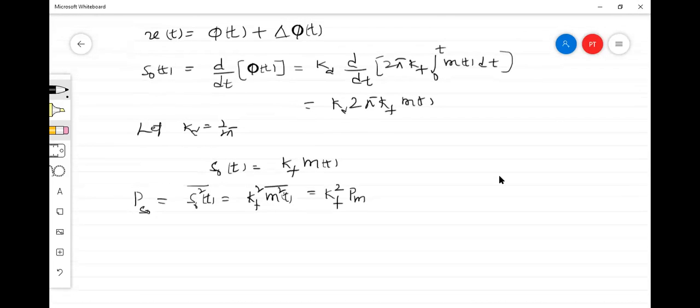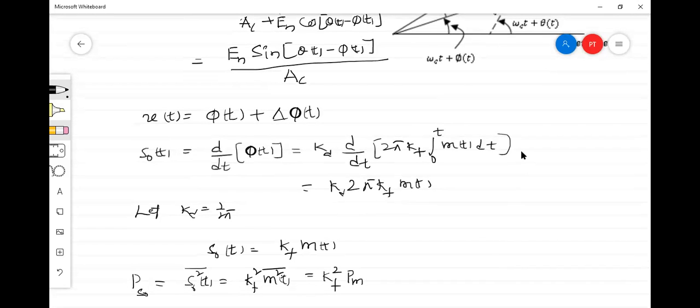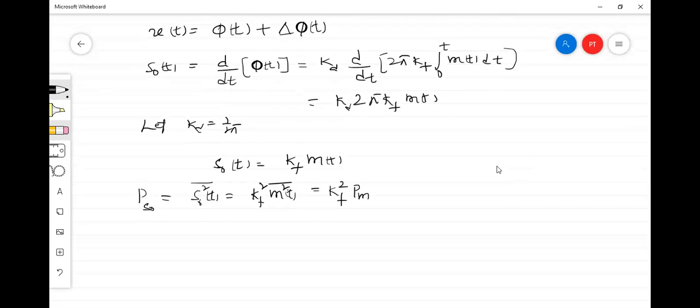So for that, let me take this equation. The input of the differentiator is del phi of t, isn't it?